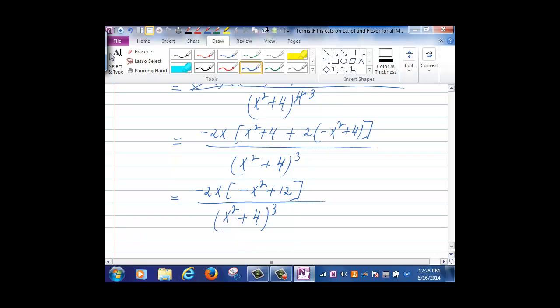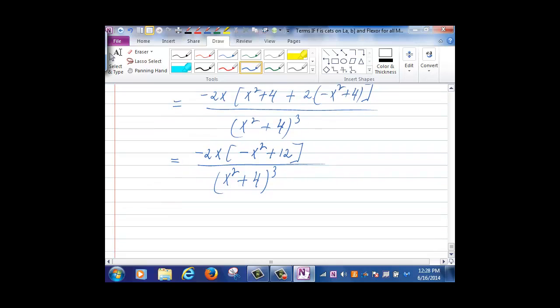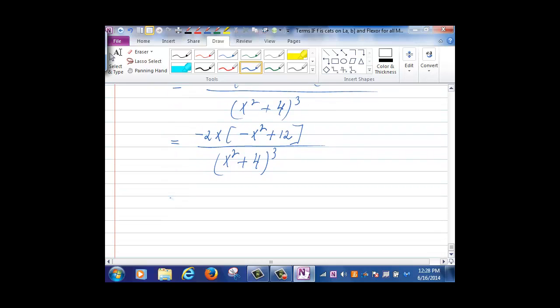Okay. If you don't mind, I'm going to factor out a negative as well. So what that's going to do is give me 2x times x squared minus 12 divided by x squared plus 4 cubed. And okay, so that's what I have.